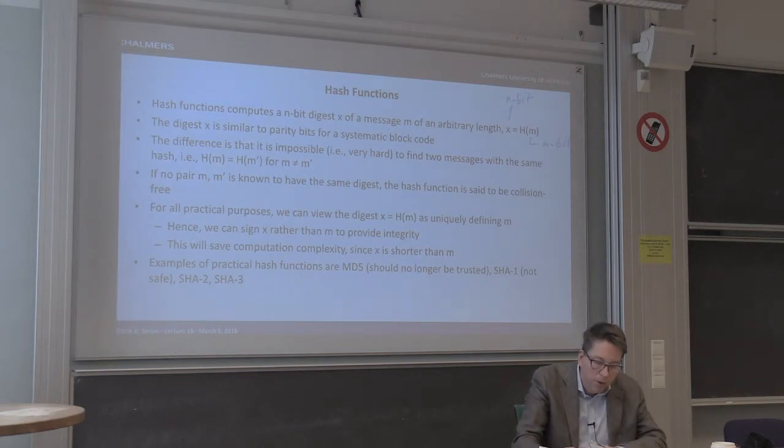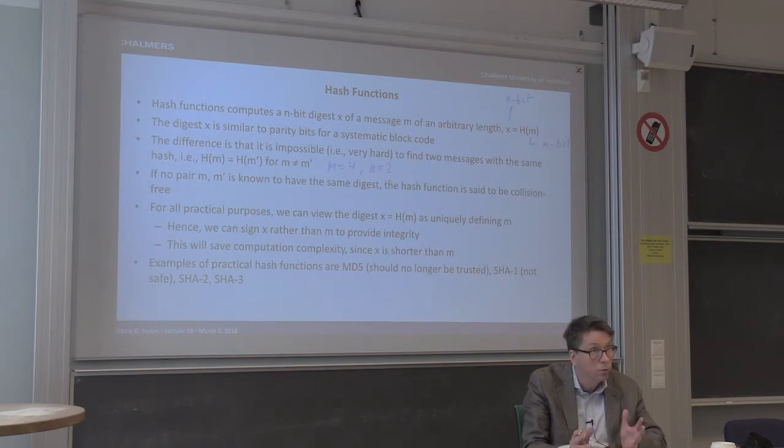Suppose m is equal to 4 and n is equal to 2, the hash function takes 4-bit patterns and maps them onto 2-bit patterns. There are 16 inputs and 4 possible outputs, so of course a number of inputs produce the same output. This is true for any hash function.